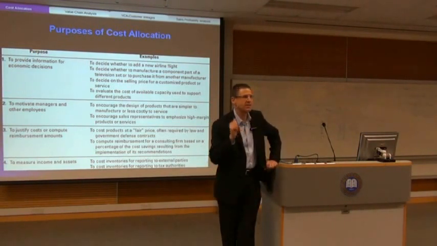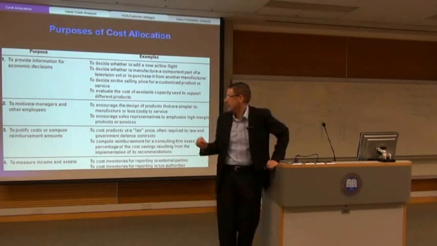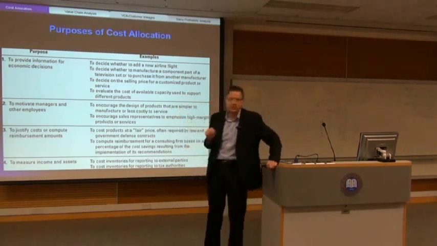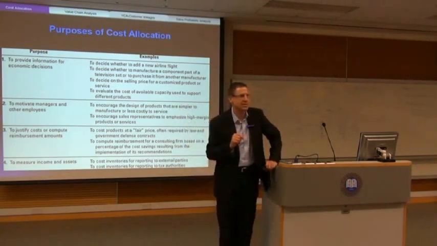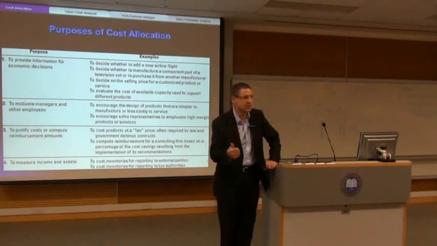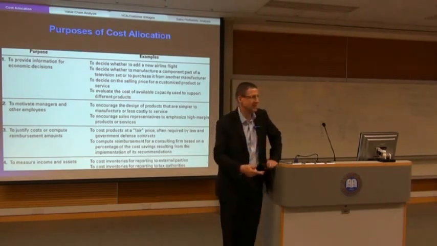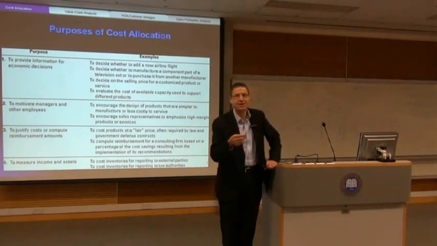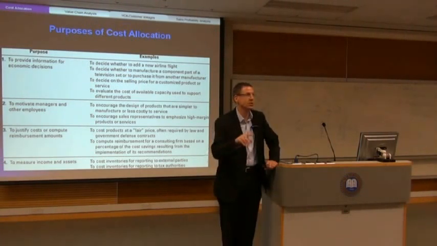What's the best basis for the first objective? Cause and effect, yeah. All right. To motivate managers and other employees? Possibly benefits received and, maybe, possibly fairness, right? Can you notice that you may deliberately move away from cause and effect in order to achieve that second objective? You with me?